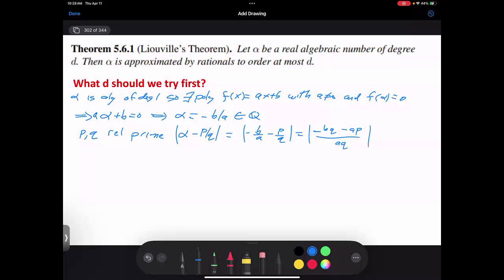What can you tell me about the numerator? So what must be true about the numerator? Yes, the one on top. Well, we're doing absolute values. So what kind of number is the numerator?